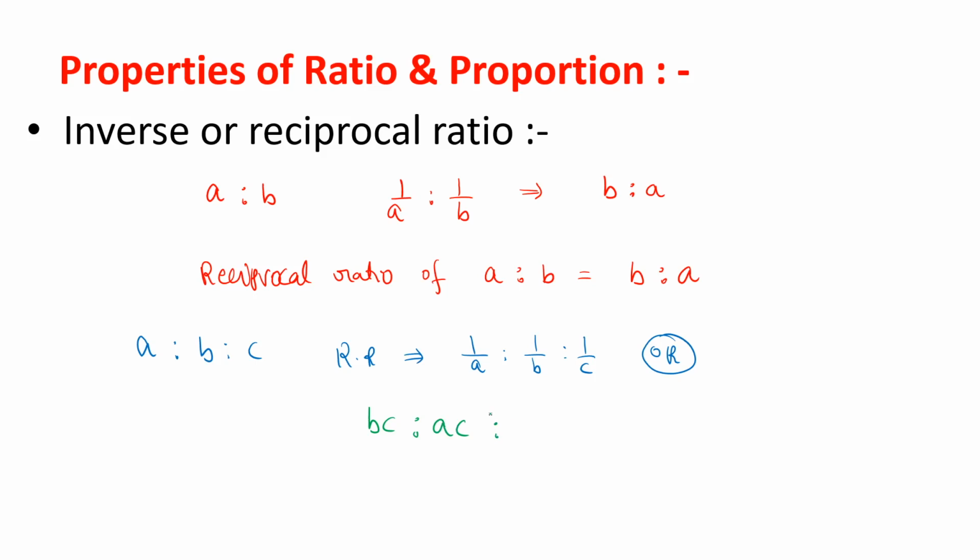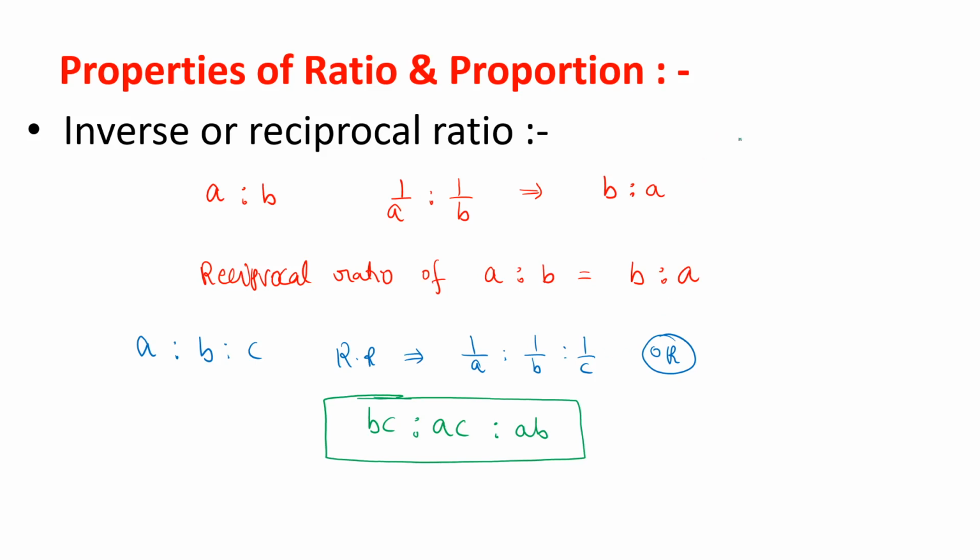To get the third term of the inverse ratio, just take the product of the other two terms of the ratio, that is AB. Then we can directly conclude that BC is to AC is to AB would be the inverse or reciprocal ratio of A is to B is to C.